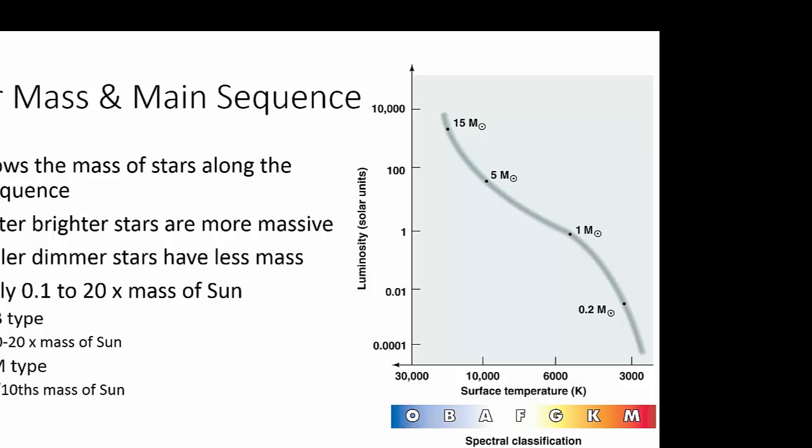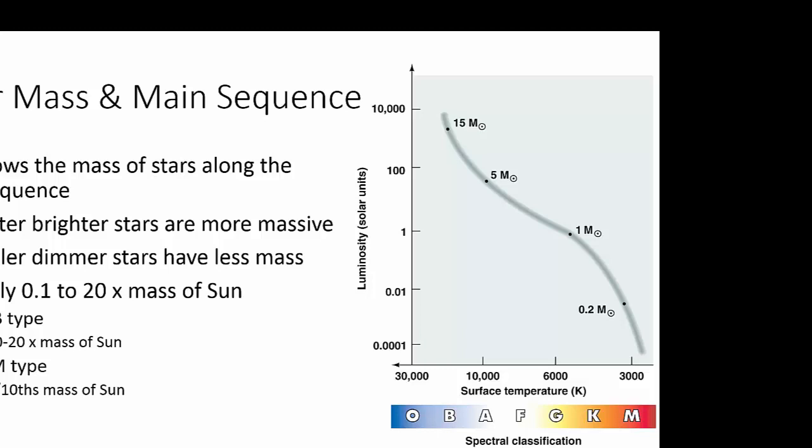And back to the HR diagram. Now this will give us the mass. It's an amazing graph, right? So if it's along the main sequence, it can give us the mass. The sun is one stellar mass. If it's lower than the sun, it's going to be less massive.